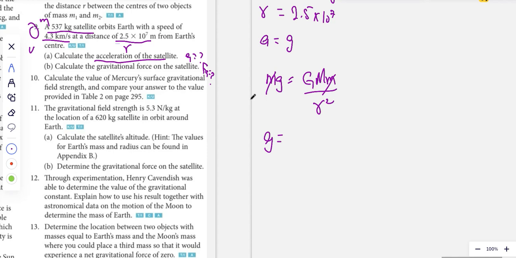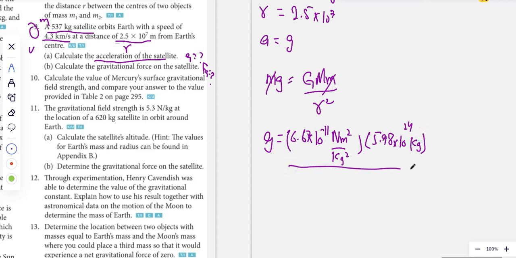The value of G is 6.67 multiplied by 10 raised to power minus 11, and its unit is Newton meter square by kilogram square. Then we have to put the mass of the Earth, because the capital M is over here, so M equals 5.98 multiplied by 10 raised to power 24 kilogram.